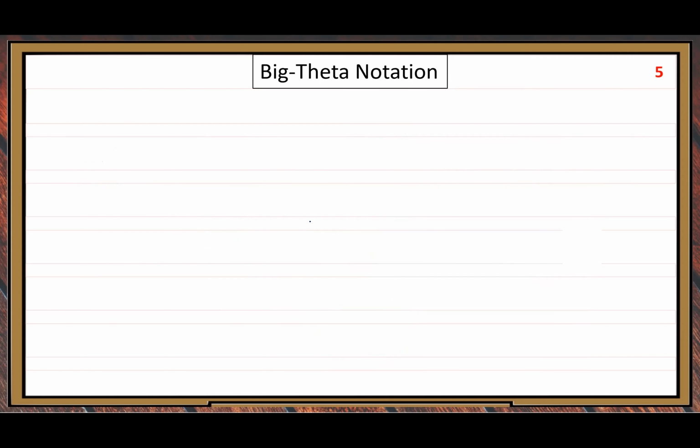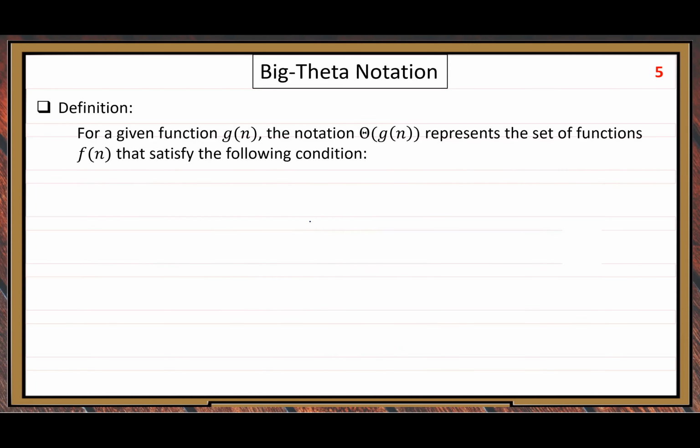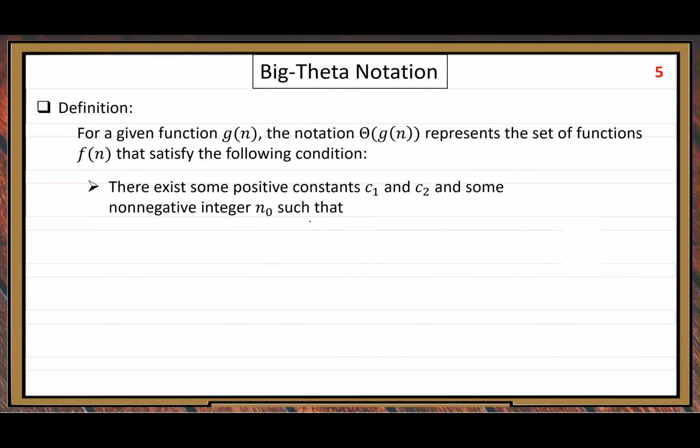But this big theta, both sides, quite natural, we can estimate function f of n from both the upper bound and the lower bound. We saw this kind of thing before.